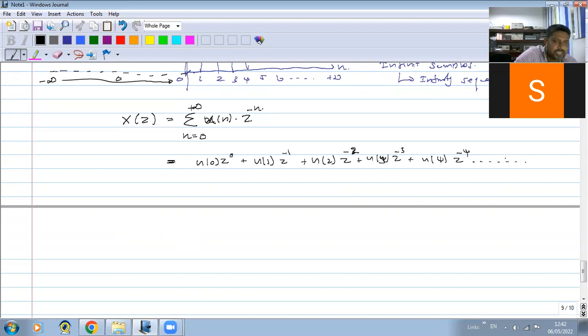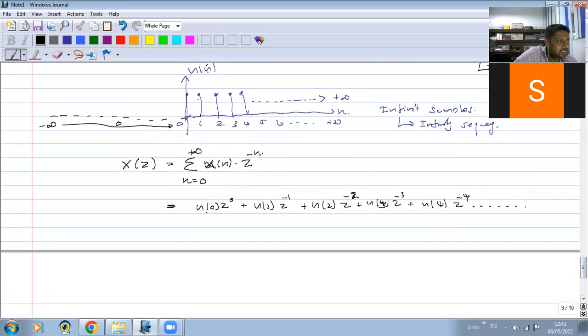So you will get an infinite number of terms. This u0, u1, u2, u3, u4 are all ones, because this is not a weighted unit step function. So here the value is 1. This is the discrete time unit step function.